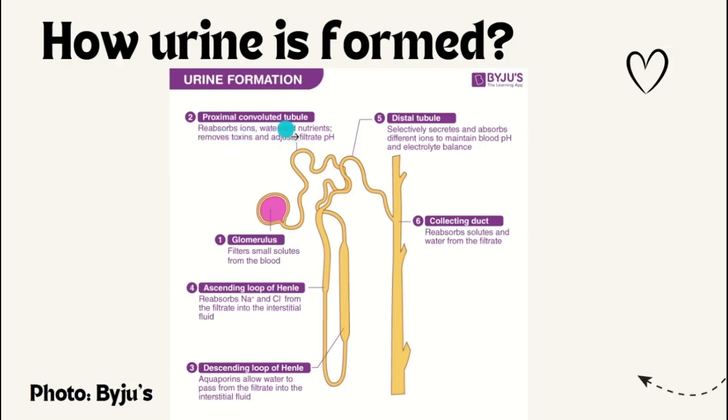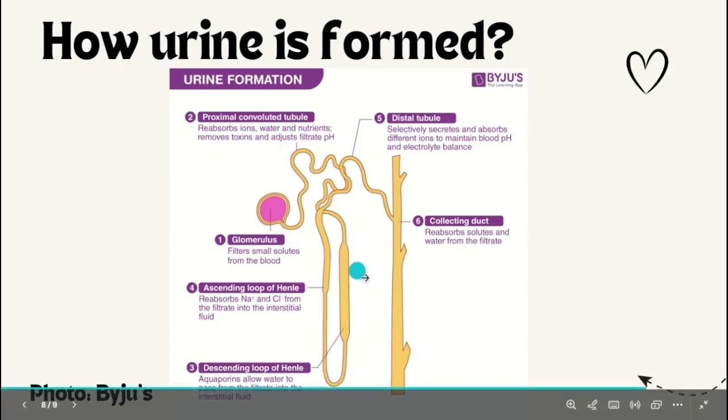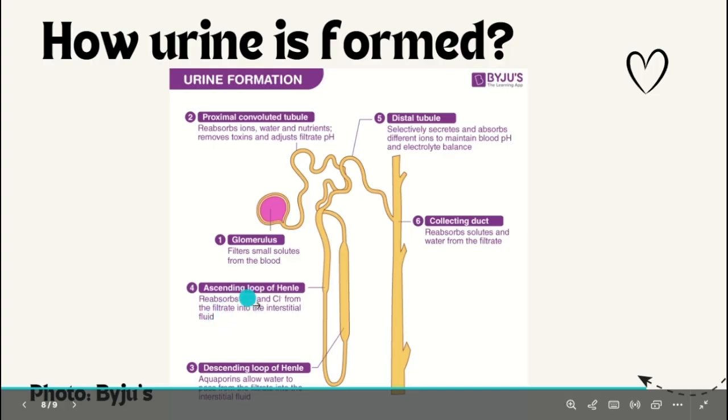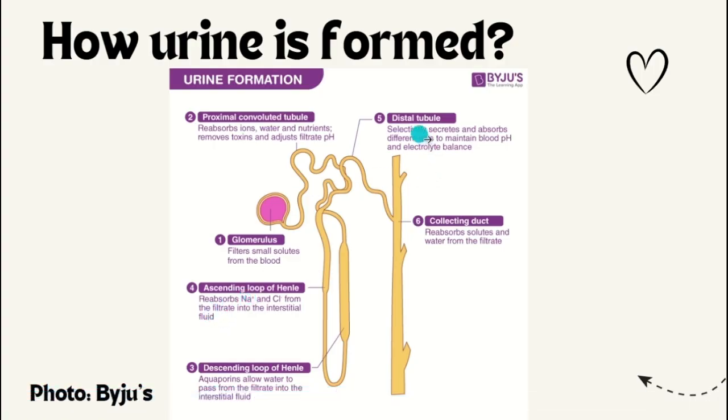So it starts with the glomerulus, then the proximal convoluted tubule, and then the descending loop of Henle, descending as in going down, then the ascending loop of Henle, and then the distal tubule, and then the collecting duct. So basically, this is more of a memorization thing. You just need to memorize what happens in what, right?